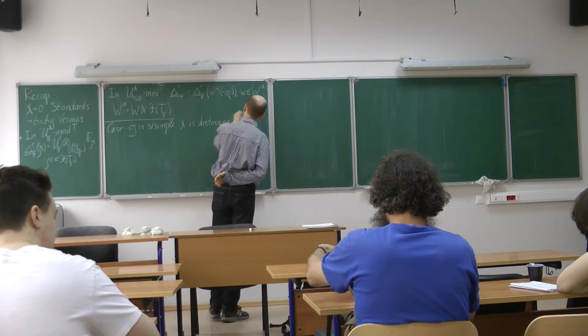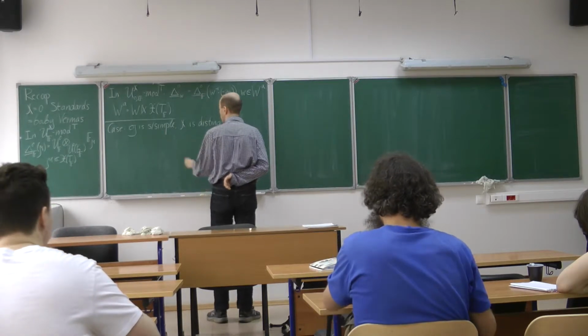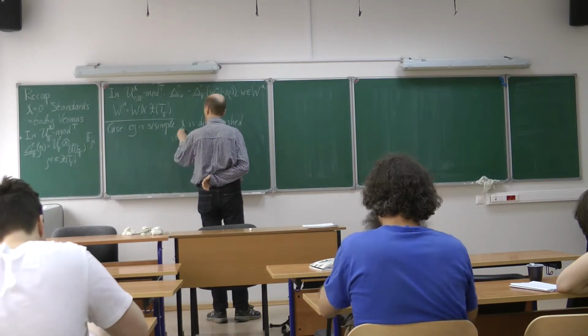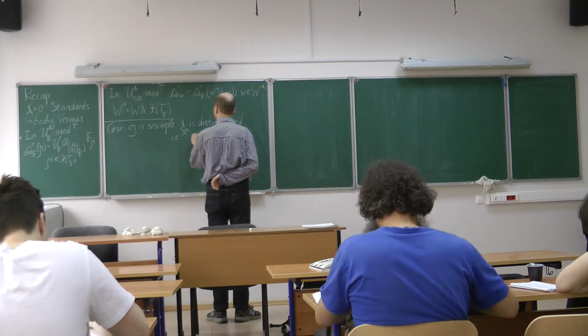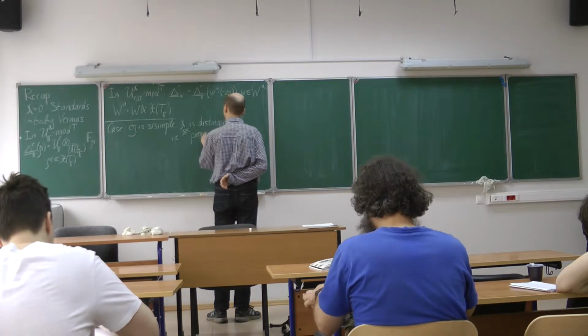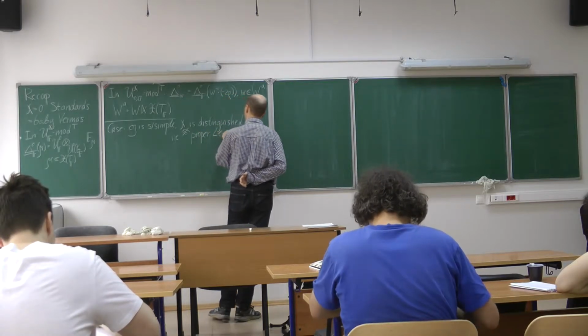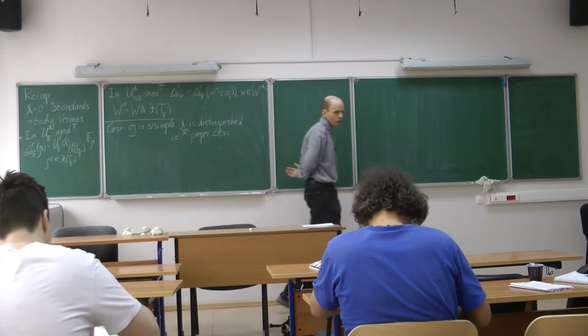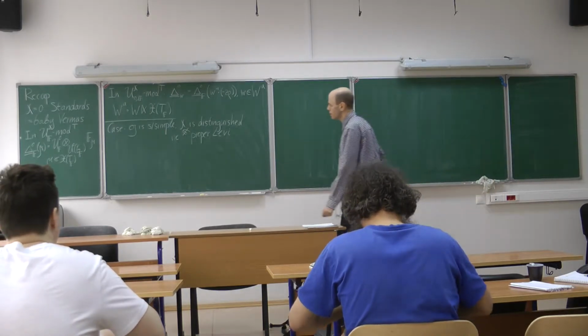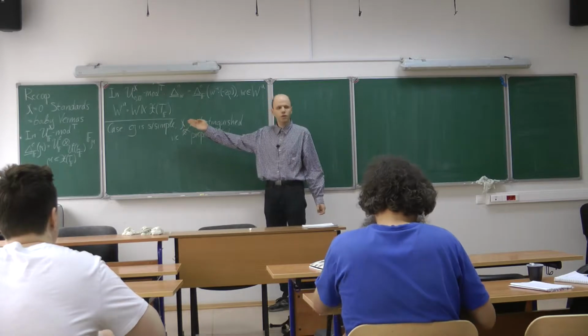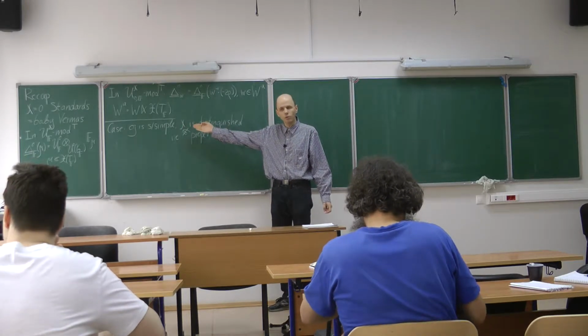So let me remind you that distinguished means that chi is not contained in a proper Levi. And the first observation here, which is also very classical, is that to this chi you can associate a certain parabolic subgroup.